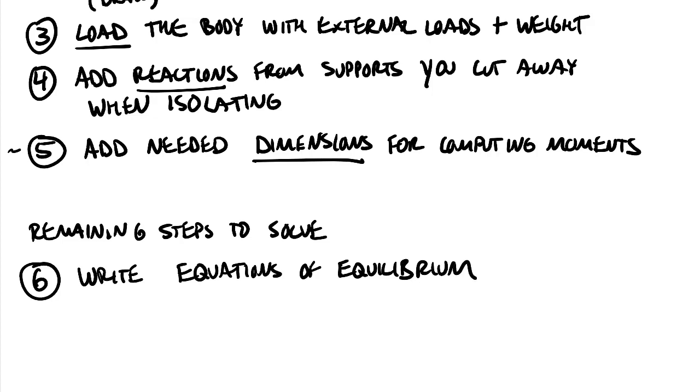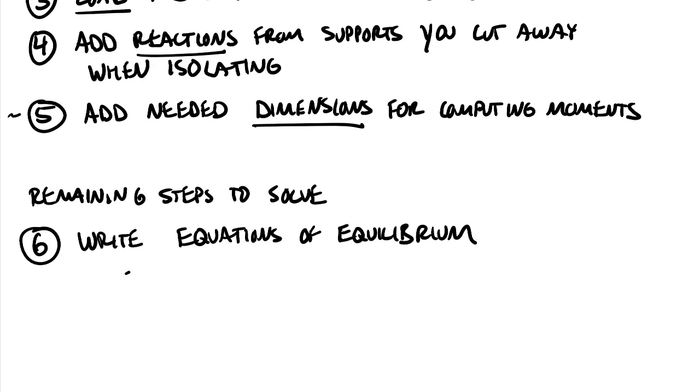And these equations of equilibrium are directly based upon your free body diagram. They're basically the mathematical representation of all forces acting upon, all loading acting on an object. On a 2-dimensional problem, we have up to 3 equations of equilibrium.